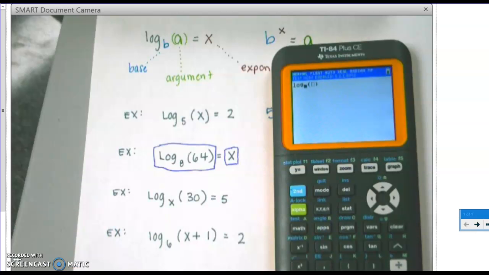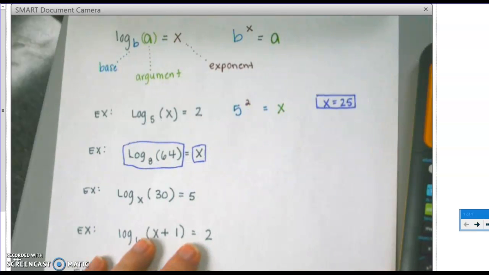But I just have to type that in. And so the answer is 2.